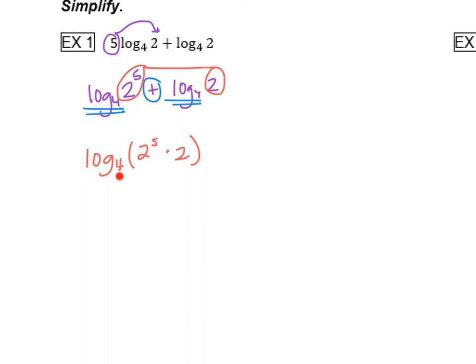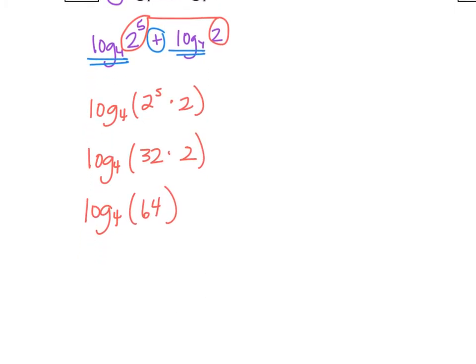If you notice, we did get it down to just one log base 4. We don't have our two separate logs anymore. So we have log base 4 of 2 to the 5th, which is 32, times 2. We're going to keep simplifying this. Log base 4 of 32 times 2 is 64. So our goal is to use our laws of logarithms and simplify this down to just one logarithm.